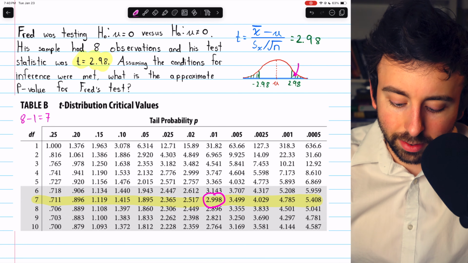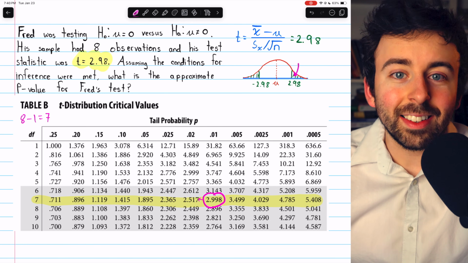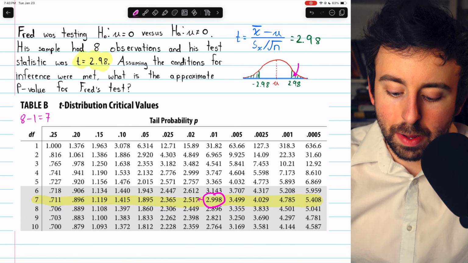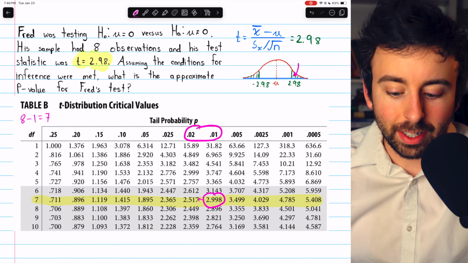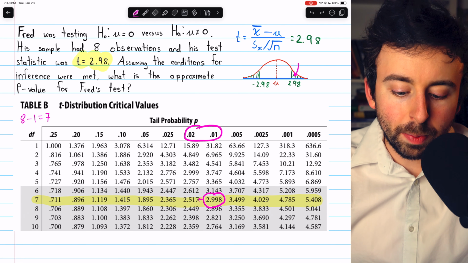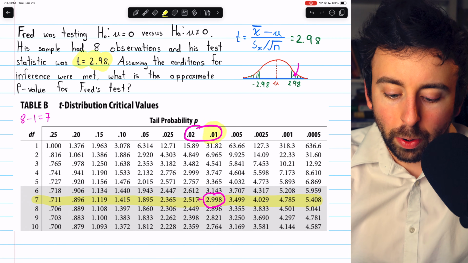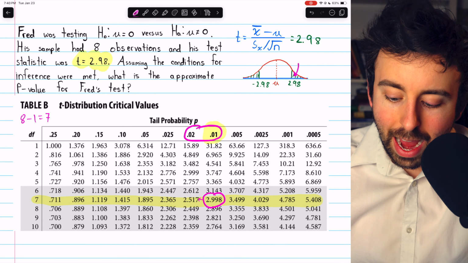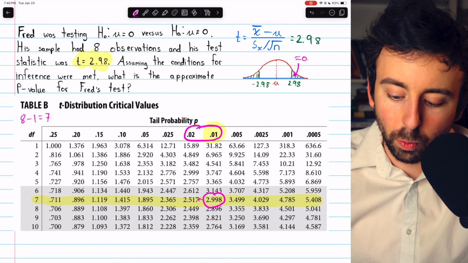Our test statistic is a little bit less than this, so the exact single tail probability would be between 0.02 and 0.01. But our statistic is really close to 2.998, so we'd be pretty confident saying the single tail probability is about 0.01. So the area of this single tail is about 0.01.